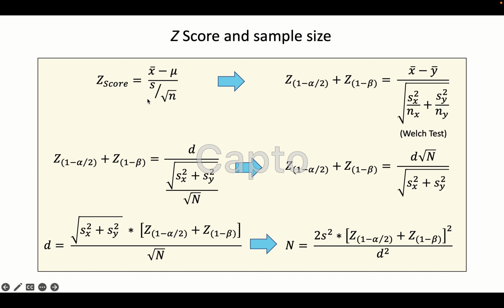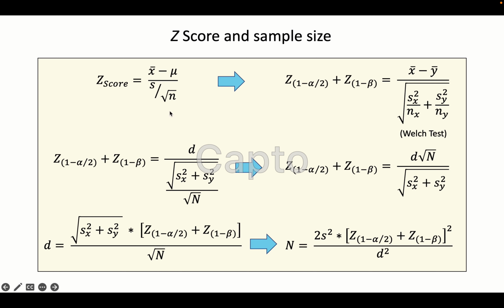This is a slightly different definition of the Z-score, because here I'm saying that the Z-score may be defined as the subtraction between the study sample mean, represented here by X bar, minus the true population mean, represented here by mu, divided by the standard error of the mean. The standard error of the mean is defined by the standard deviation of the sample divided by the square root of the actual sample size of our study.